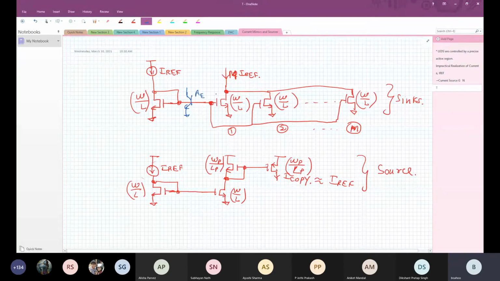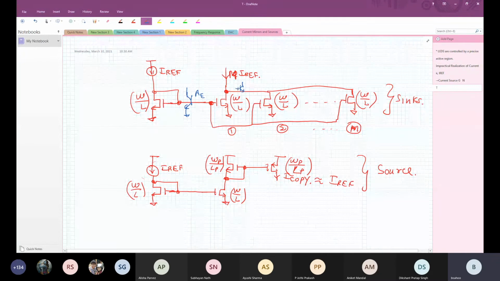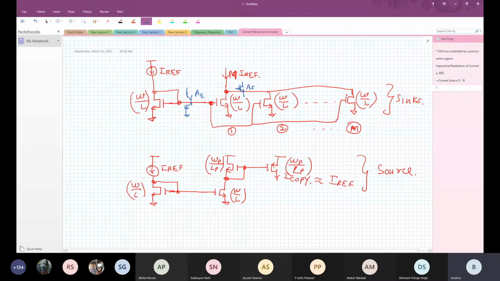So here I can have multiple copies of the BJT with area AE, and you can get M times Iref.